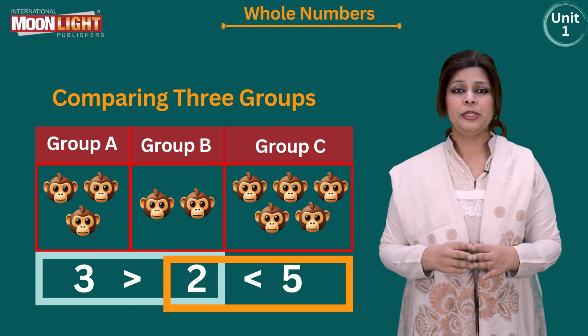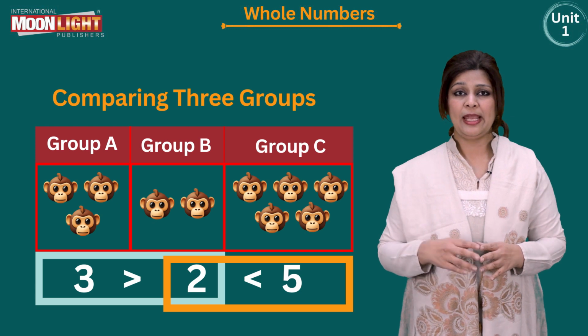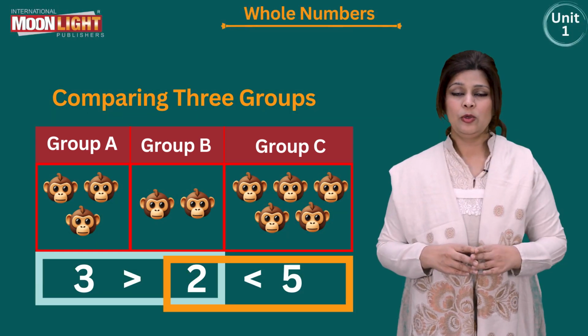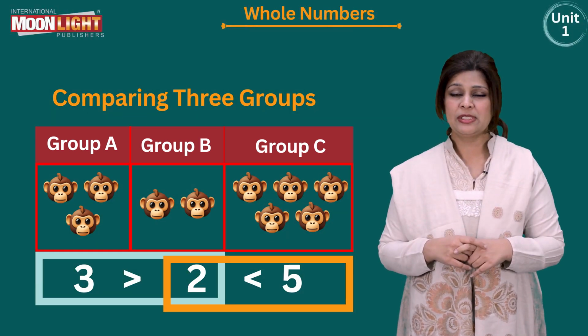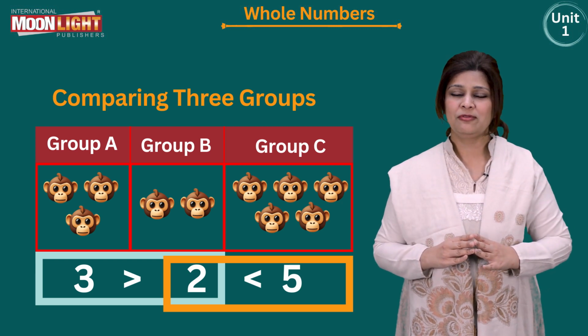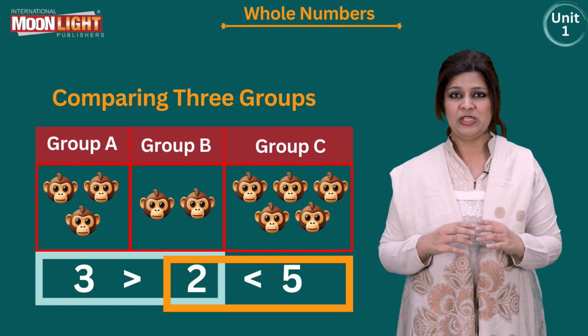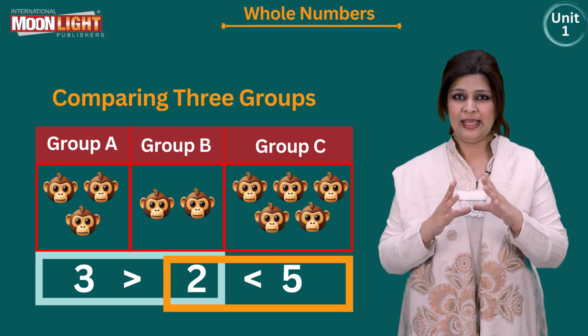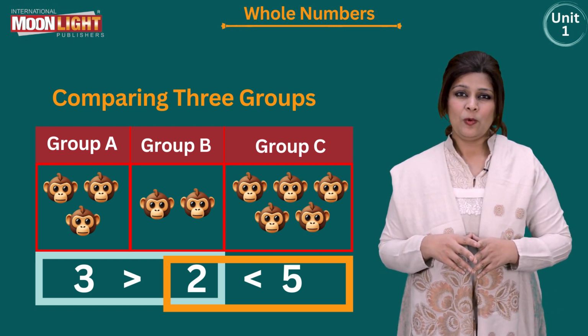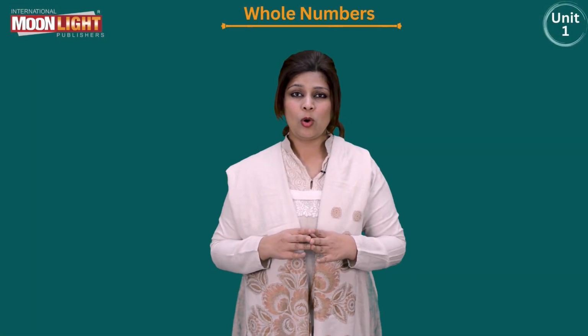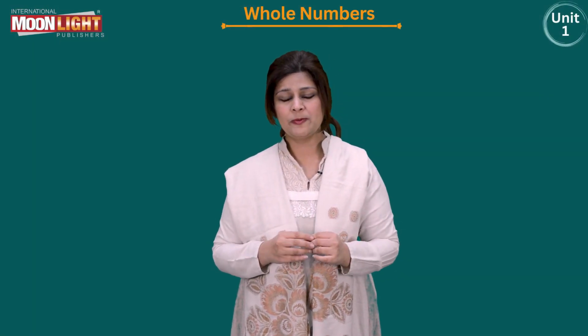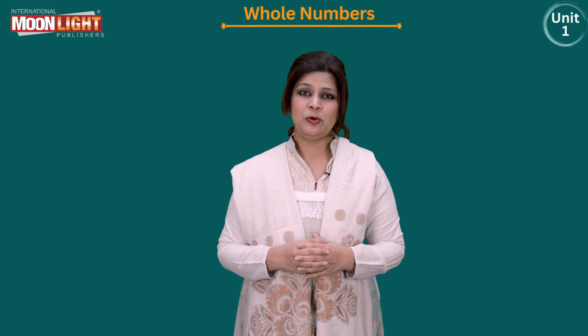So we are going to write these three groups like this, and you can just check out the symbols, and the open mouth of the hungry crocodile is just like these two symbols, which is greater than symbol and less than symbol.